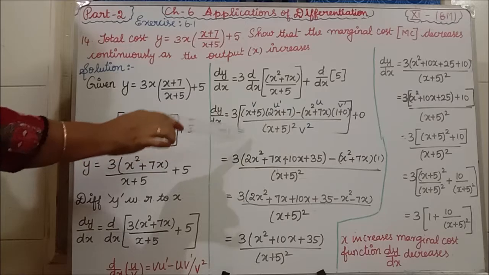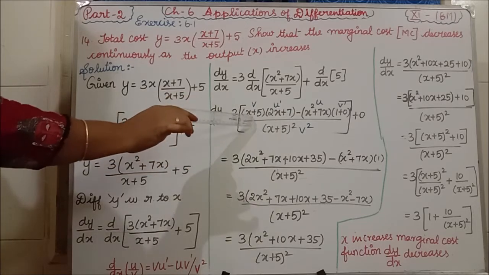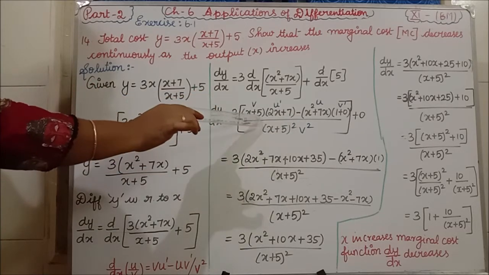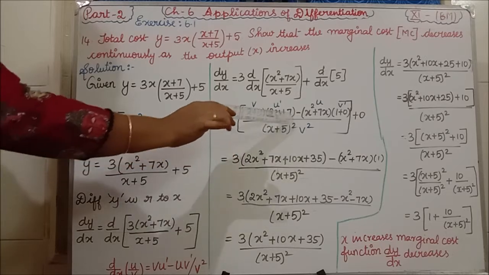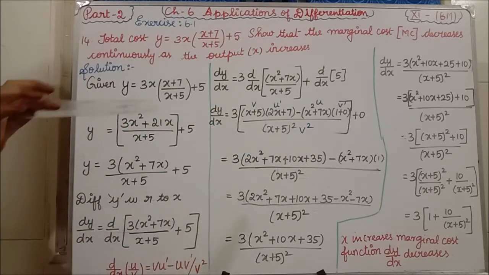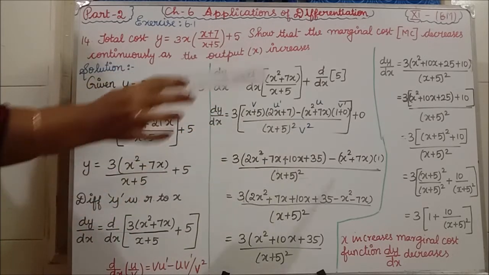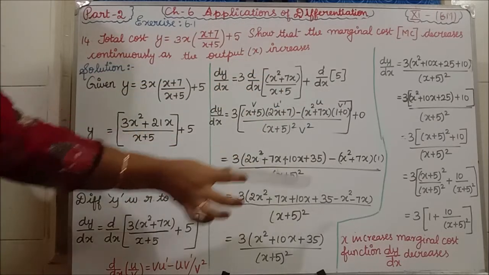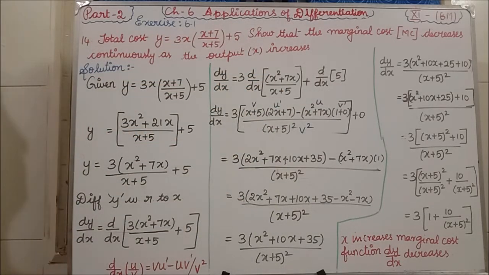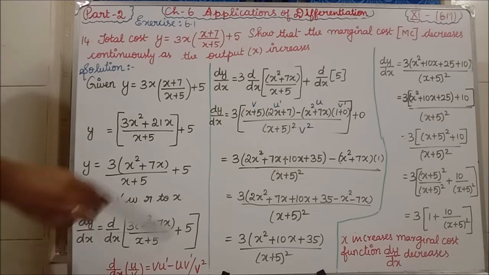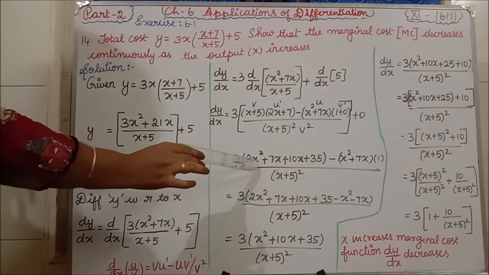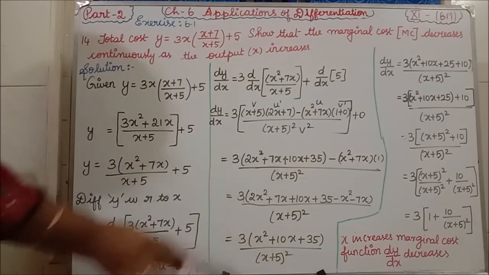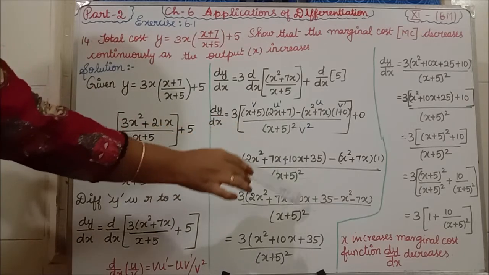Now 3 into x into 2x is 2x square, x into 7 is 7x, 5 into 2 is 10x, 5 into 7 is 35. Minus x square plus 7x into 1 divided by x plus 5 the whole square. Clear all of you? Now if you see, 2x square plus 7x plus 10x plus 35 I am writing as such.